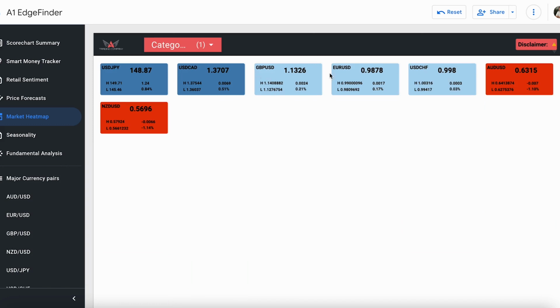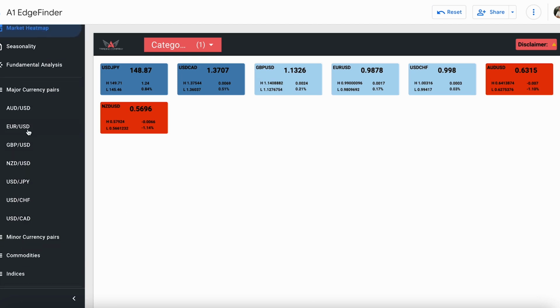So these blue boxes here mean that what we're looking at in the market heat map is the biggest movers of the day, which way they have shifted from yesterday or the last trading session to today. And so a blue box means that it's moving upwards, and a red box means that it is selling off. So from the last trading session to right now, the pound dollar pair is actually moving upwards in the right direction.